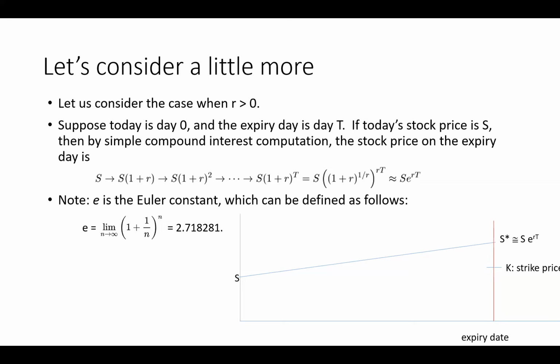So this increase in the stock price mainly stems from the risk-free rate. This is the usual performance of the stock without any unpredictable event, so this is what you may expect with the highest probability.